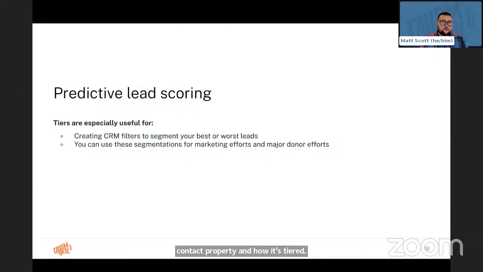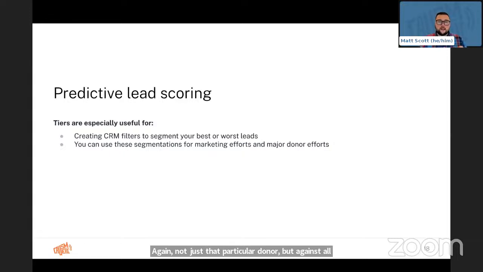So predictive lead scoring, what's really cool is that it's a value that you'll see based on the data that's unique to your CRM. It's not across all of them. And it gives you the most insight into how likely a donor is to close. Again, not just that particular donor, but against all the other donors inside your database.